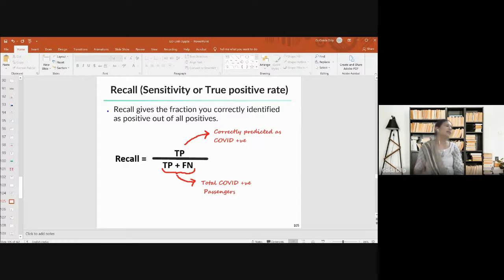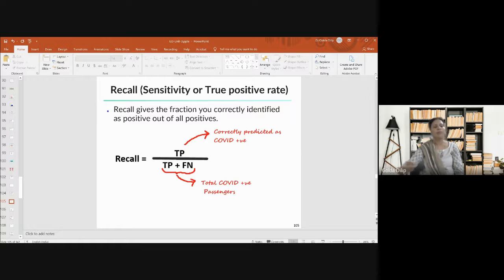You can see the formula here: recall is equal to true positive divided by true positive plus false negative. True positive means correctly identified as COVID positive, and TP plus FN means total COVID positive passengers. So out of all positive passengers, what fraction you identified correctly?